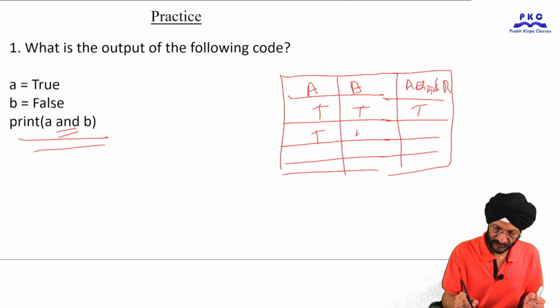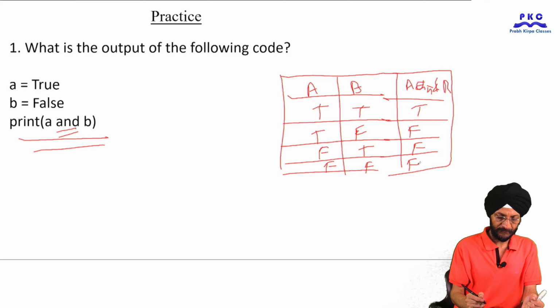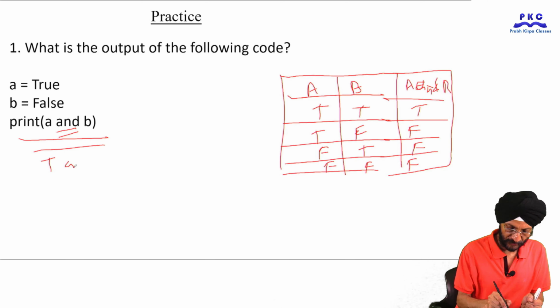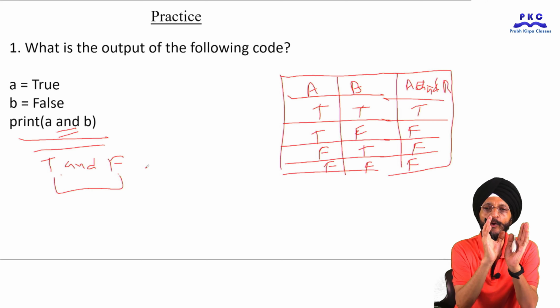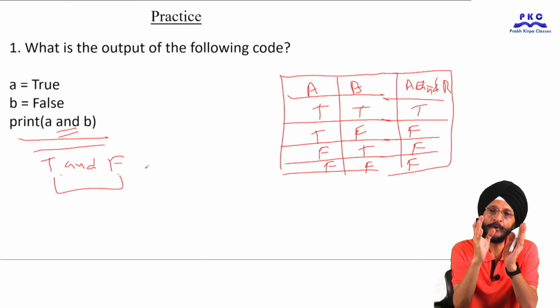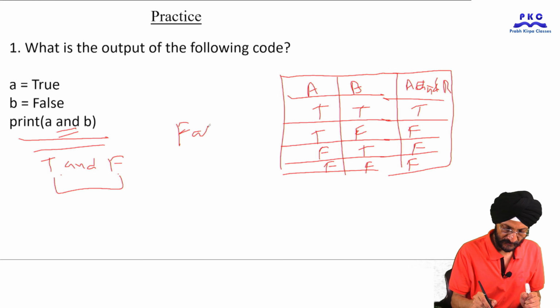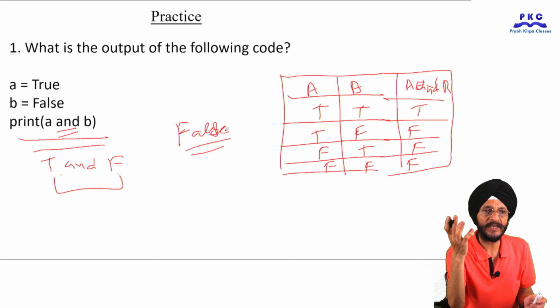If any of the conditions is false, then it will result in false. Here, A is true, print A and B, where B is false. True and false means false, because in the case of the AND operator, both the conditions have to be true to result in true. So the Python interpreter will give the output as false.